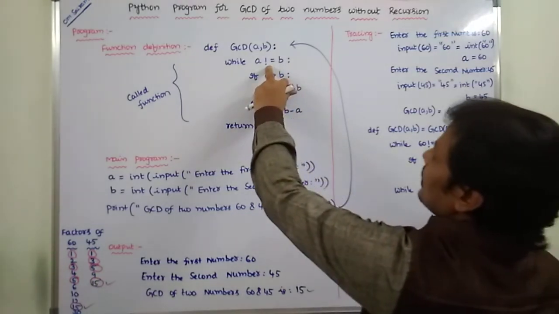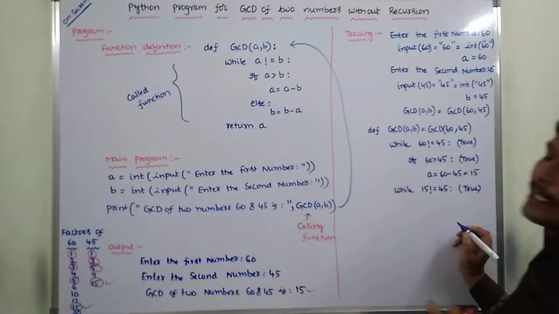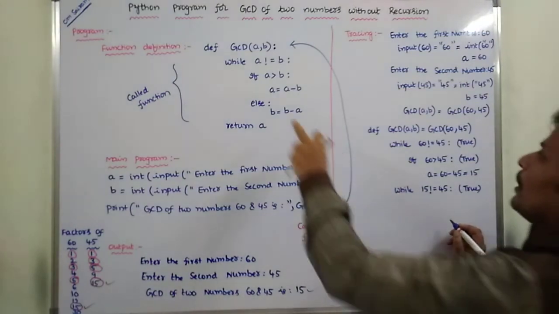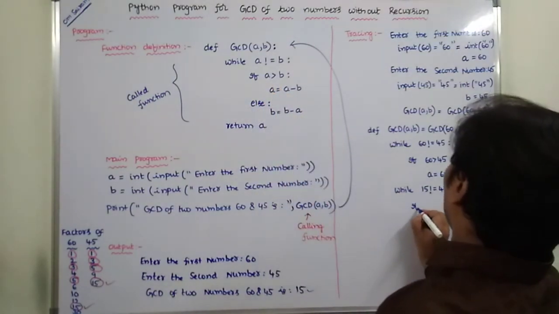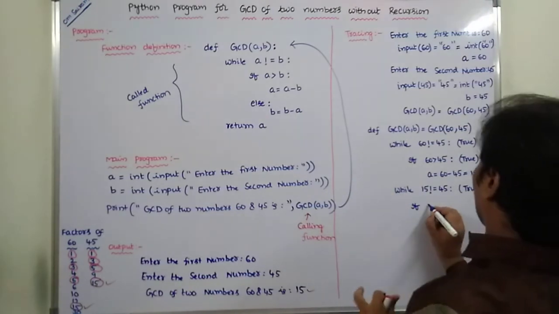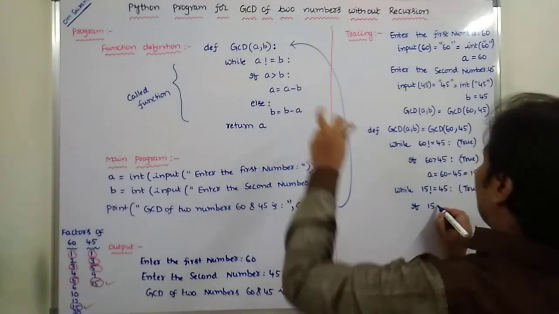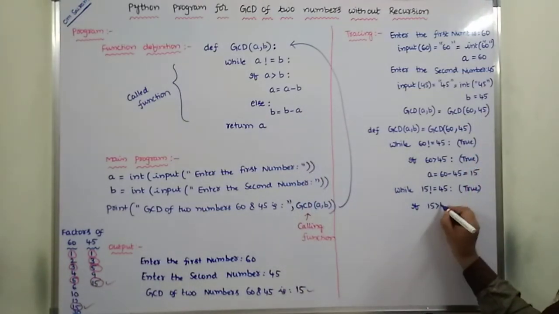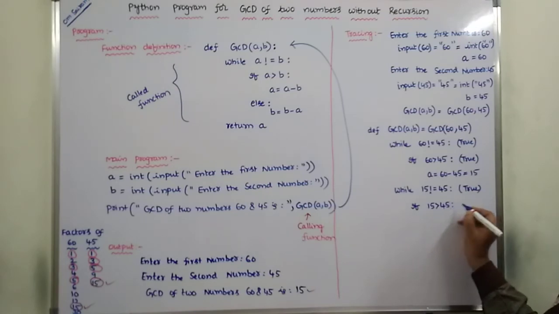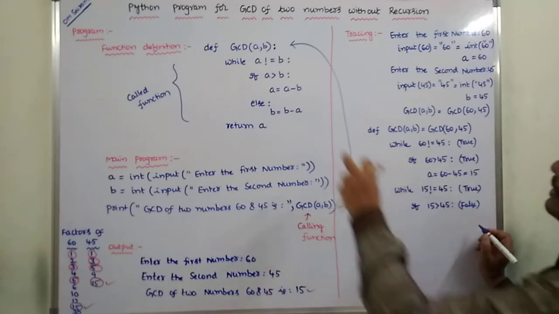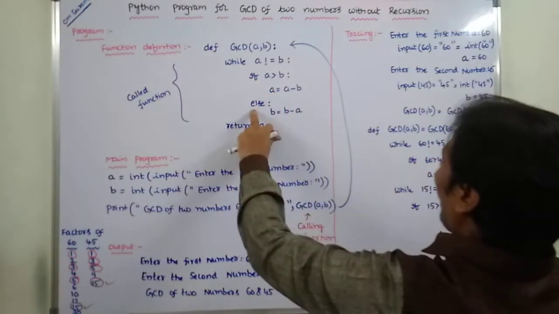If the condition is true, the control goes to the statements within the while loop. Here, if a value 15 greater than b value 45, 15 greater than 45, this is false. Okay. Then go to the else block.